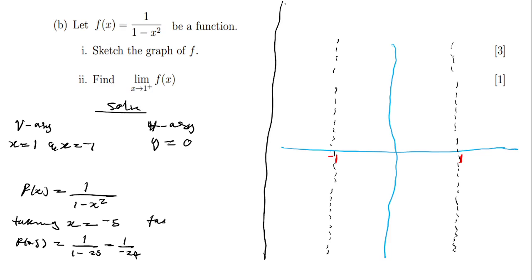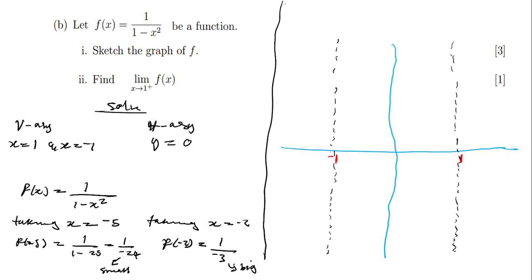Then if you take another number, let's say x is equal to -2, your equation is going to be 1 over -3. So this number here is small, and this other number is a little bit big.